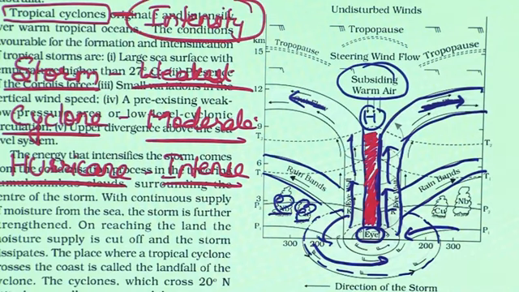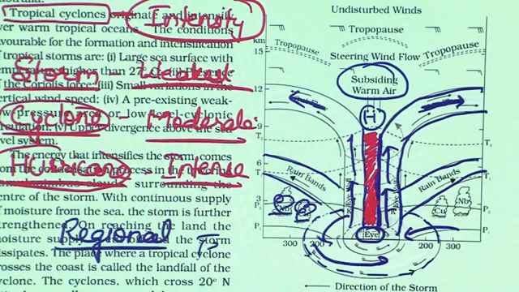So, never be confused with the usage of the term hurricane. Two terms written here, hurricane and cyclone, have twin usage. One is their regional name and two is their technical name. So, regionally, whether it is a tropical storm, cyclone or hurricane, if it is in the Indian Ocean, it will be called cyclone.